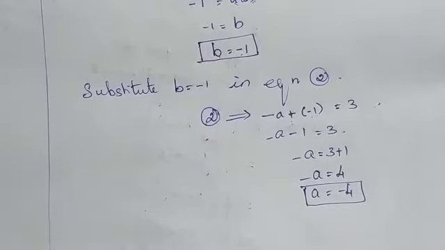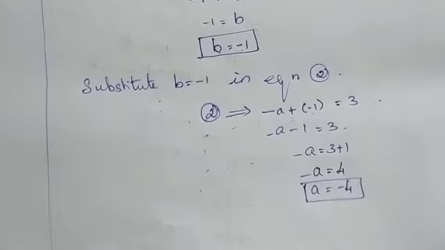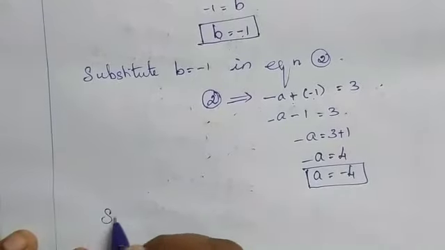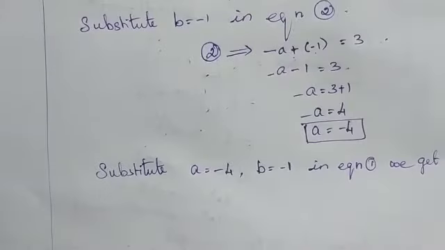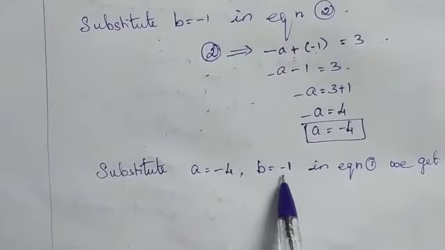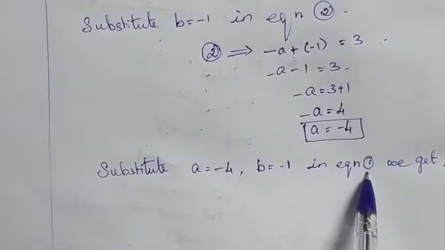Now, see the equation 1. What is equation 1? y is equal to ax plus b. Okay. Substitute a is equal to minus 4, b is equal to minus 1 in equation 1.